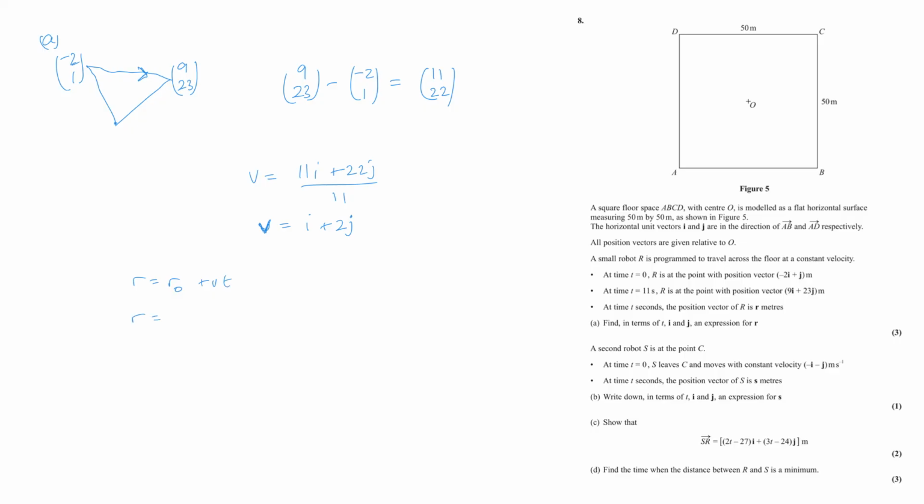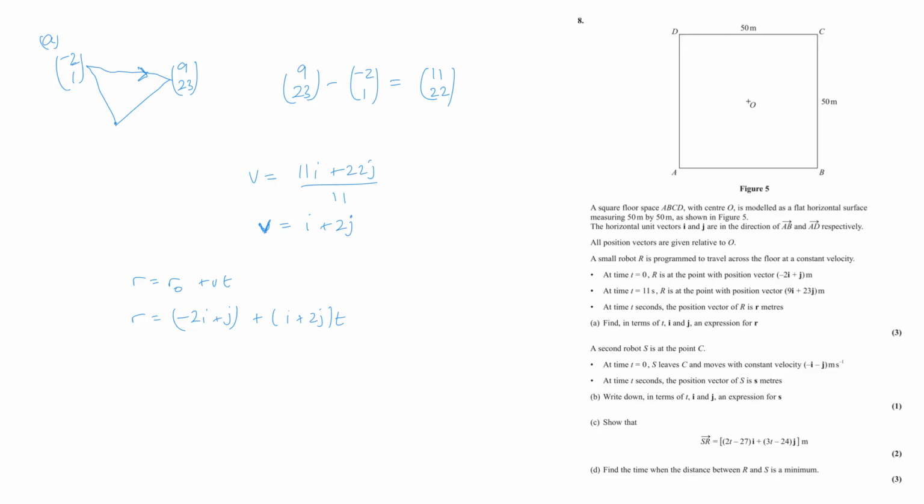So r equals, now r naught is the starting place, so minus 2i plus j plus i plus 2j t. And that's all it is for the first one.